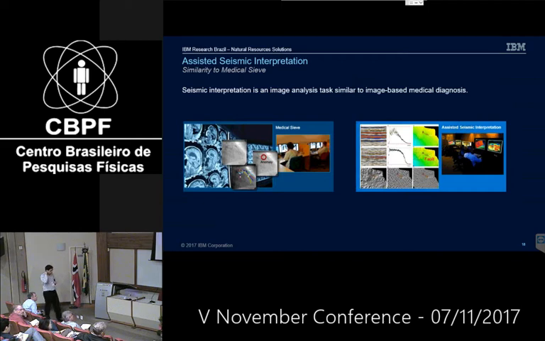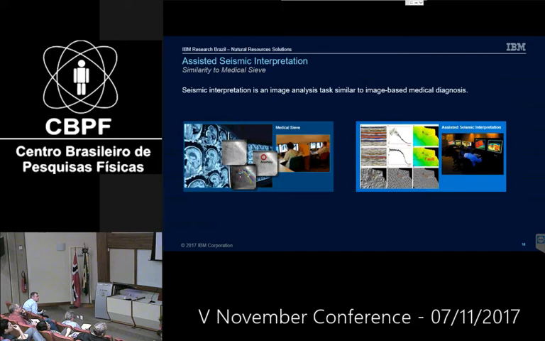The example that I will try to explain today is the integration with image algorithms, how we could bring computer vision to this process, helping the interpreter.